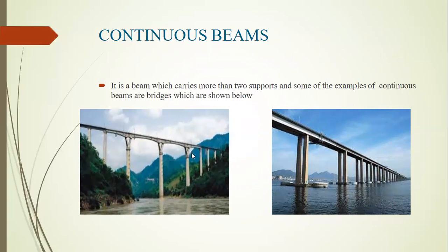If it is resting on more than 2 supports, then such types of beams are called continuous beams. You can see the example of continuous beams. In continuous beams also, all the reactions will be vertical.